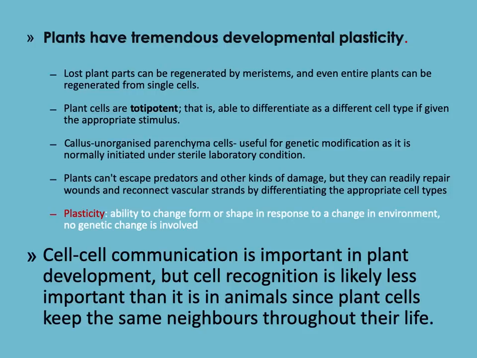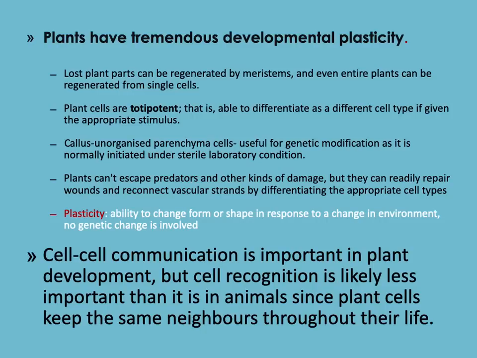Because plants cannot escape predators and other kinds of damage, they can readily repair wounds and reconnect the vascular system by differentiating the appropriate cell types. So plasticity enables the change of form, shape and function of the plant cell in response to different environmental changes.